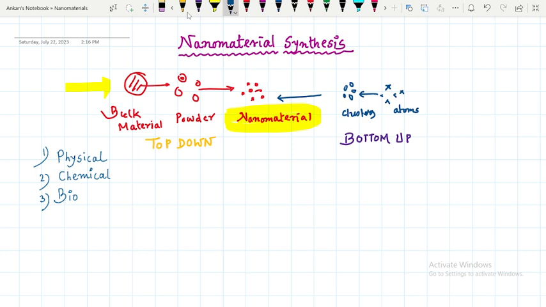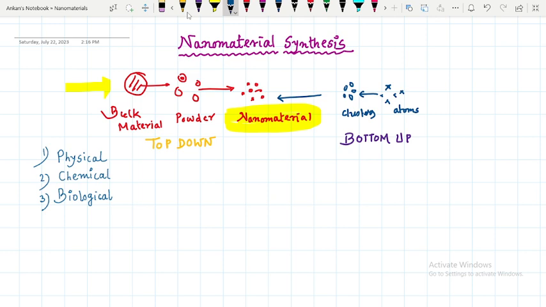These two types of approach can be obtained via three methods: either physical methods, chemical methods, or biological methods.